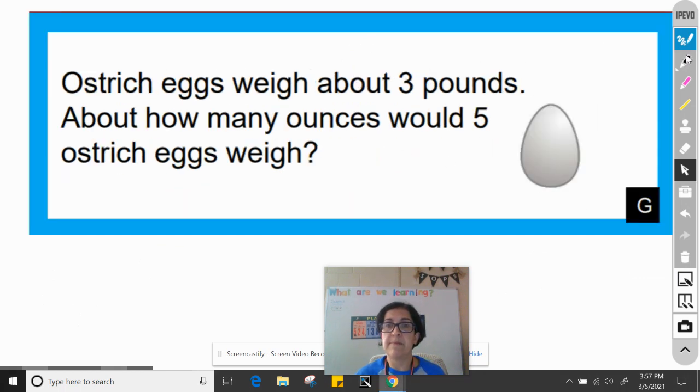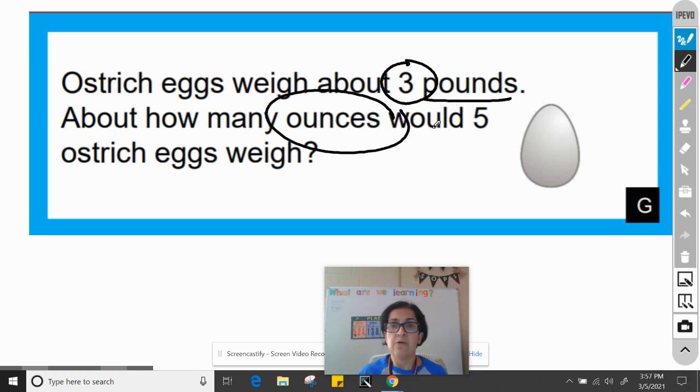Ostrich eggs weigh about 3 pounds. About how many ounces would 5 ostrich eggs weigh? So here, they gave it to you in pounds and they want it in ounces. So you're going to go from pounds to ounces. On your sheet you're going forward in the direction you read. So you're going to multiply, and that means the number in the middle between pounds and ounces is 16.